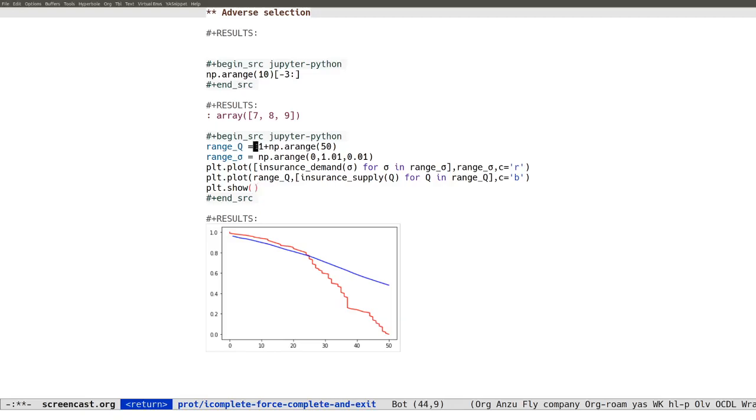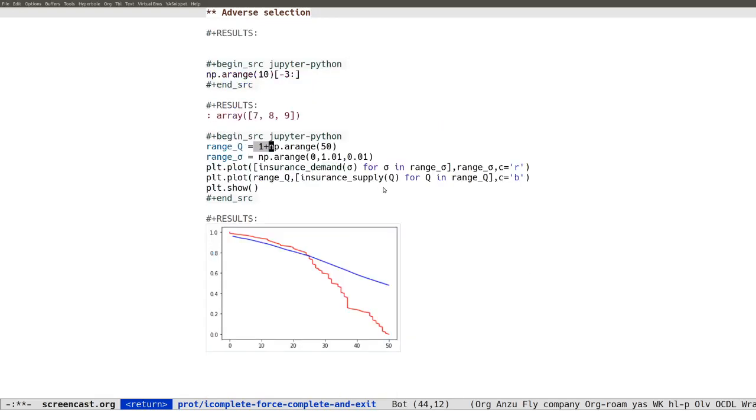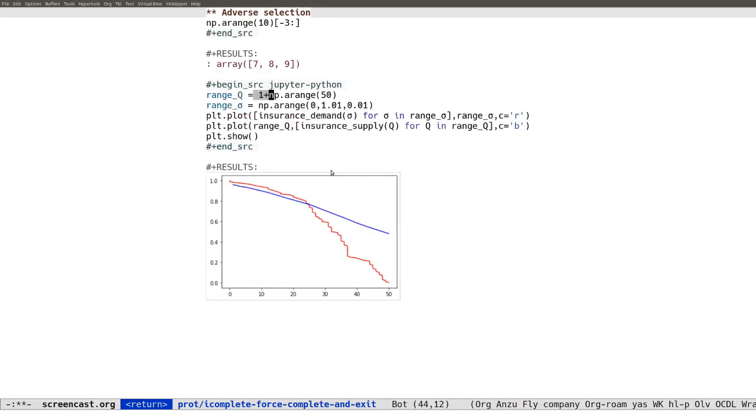The reason why I use the 1 plus here is because I identify the people that are going to buy insurance as the last Q elements from the vector pi. So Q needs to be 1, 2, 3, etc. That's why we start at 1 plus numpy arange, because numpy arange itself starts at 0.